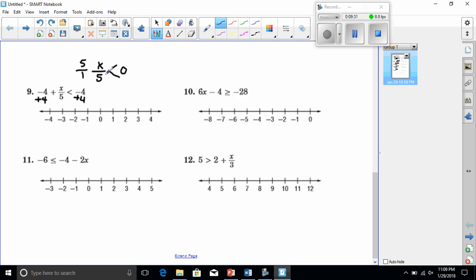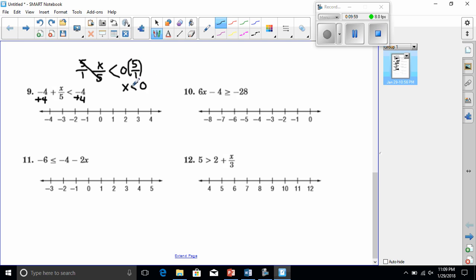So I'll be multiplying 5 over 1 to both sides, which doesn't give me too much headache over here at all, does it? I've eliminated my 5, which gives me my x all by itself. I didn't divide or multiply by a negative number, so my symbol stays the same. And 0 times 5, well, that's 0.